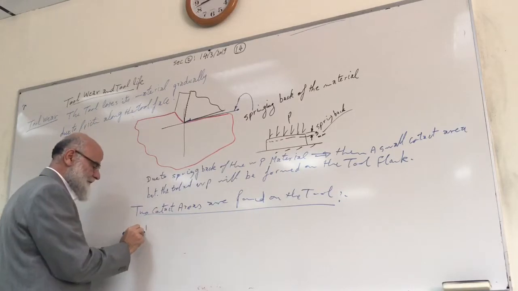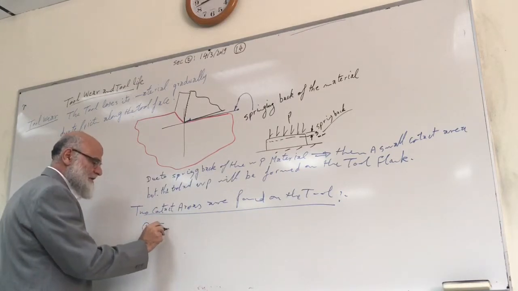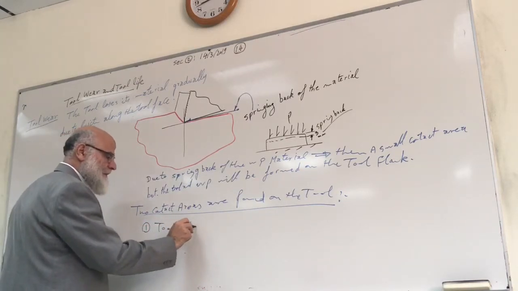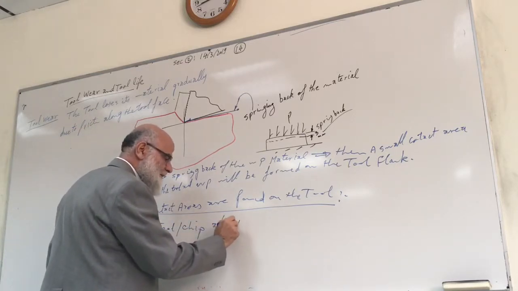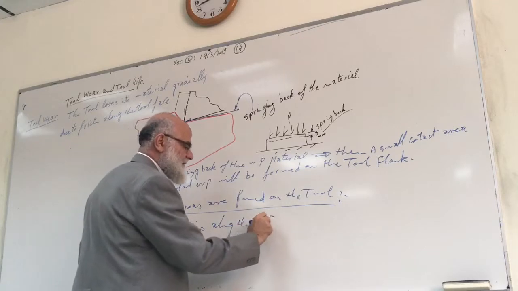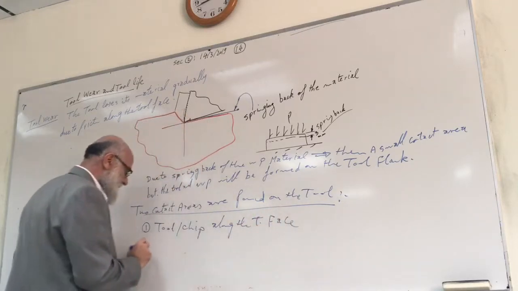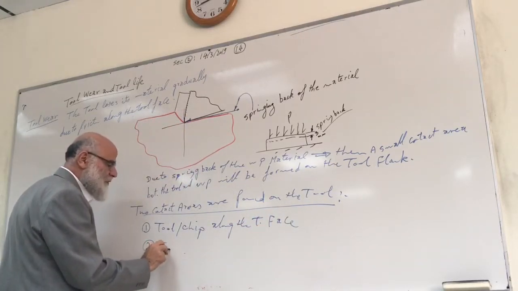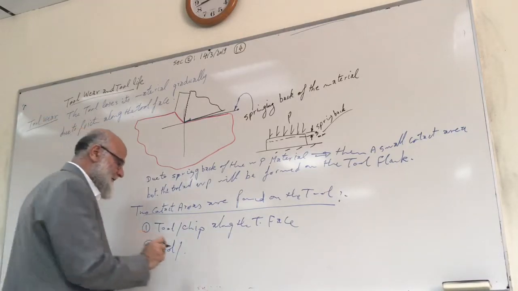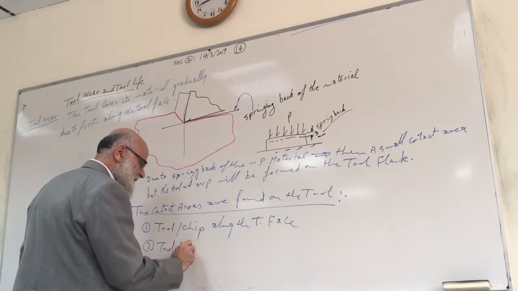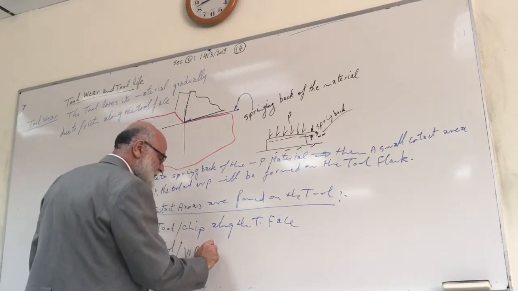Number 1: tool with the chip, tool with workpiece, along the tool face. Number 2: tool with the workpiece, even if within a very limited distance, along the tool flank.